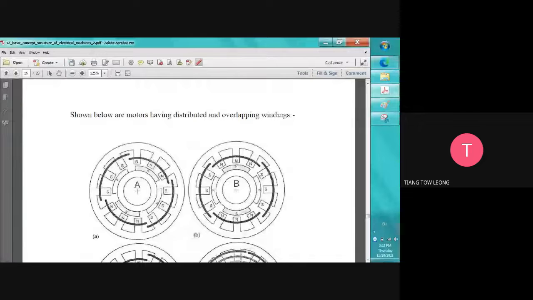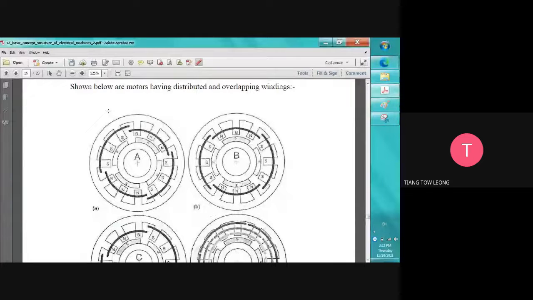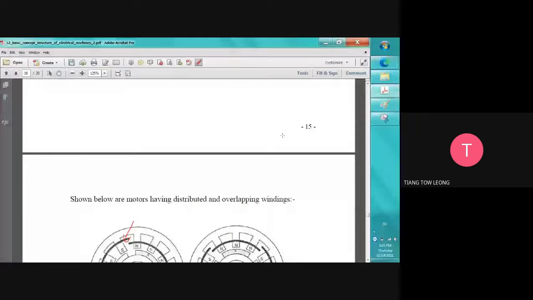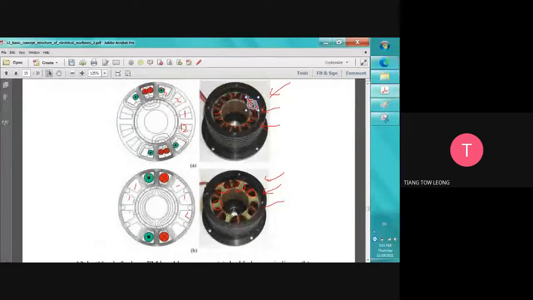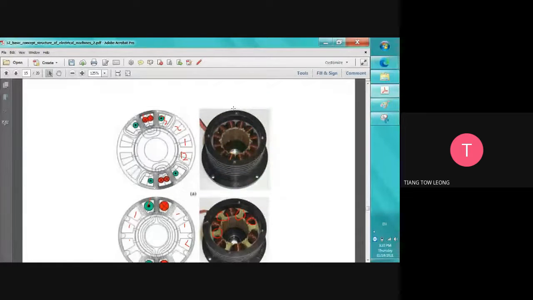Okay, as stated below, motors have a distributed and overlapping winding. Overlapping means it crosses: when we slot in here, it comes out here. This one is when we slot in here, then it goes to the back and then slots out like this, across only one tooth.